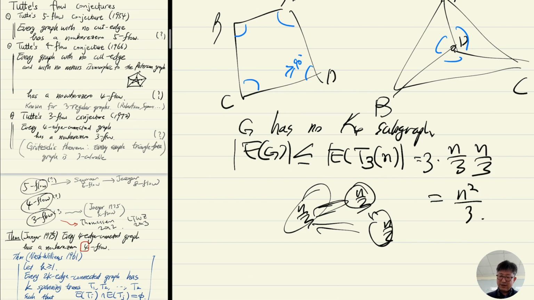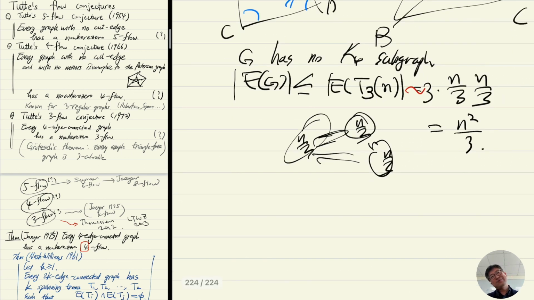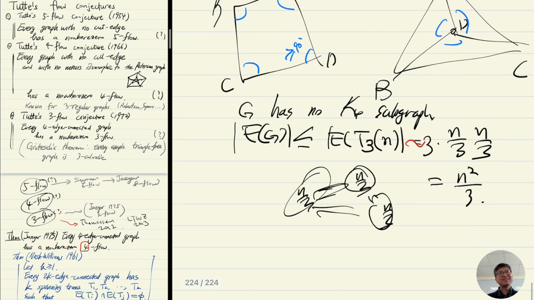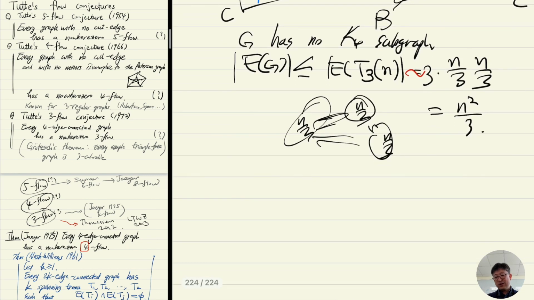Roughly, yeah. We need to have a floor, ceiling, depending on n modulo 3. Right, so this proves that the number of pairs of distance bigger than 1 over square root 2 cannot be too much.